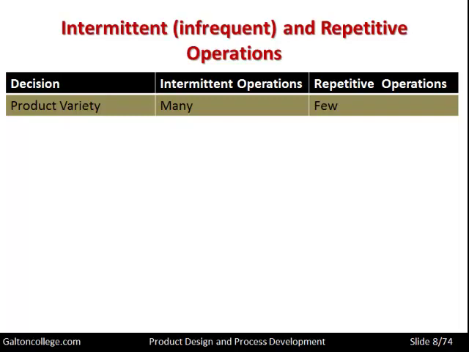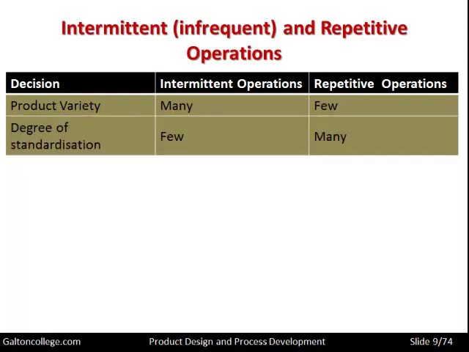It's repetitive, it's running all the time. And therefore, there are very few different styles in production. So this means that repetitive operations will probably have fewer technical issues. It'll have a more straightforward production system. Intermittent production will need switching over machines perhaps from one type of production to the next. It's intermittent. It happens once in a while.